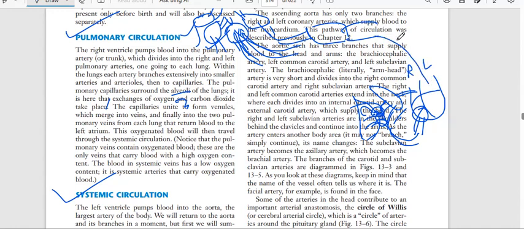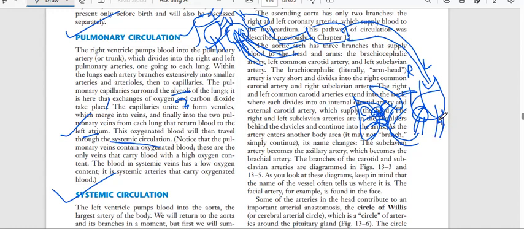Here in the left atrium we have the pulmonary vein. This is the pulmonary artery which reaches the lungs, and the pulmonary vein which reaches the left atrium. The oxygenated blood returns to the left atrium. Then it travels through the systemic circulation, from the left atrium to the left ventricle to the aorta.